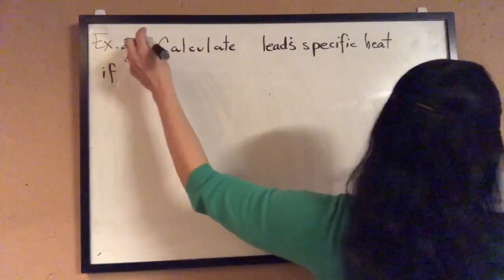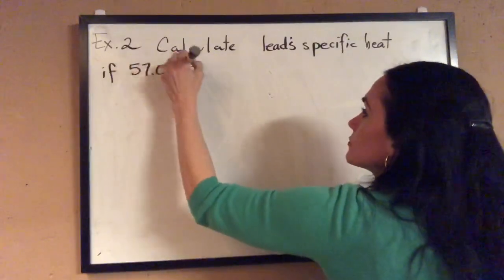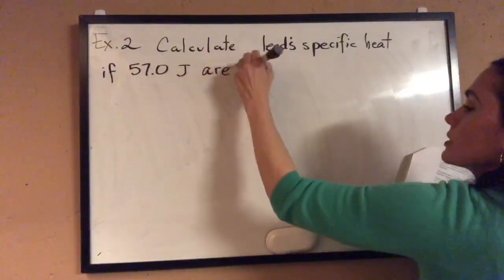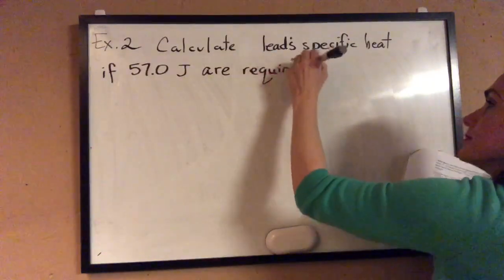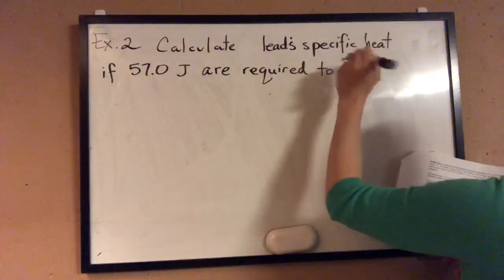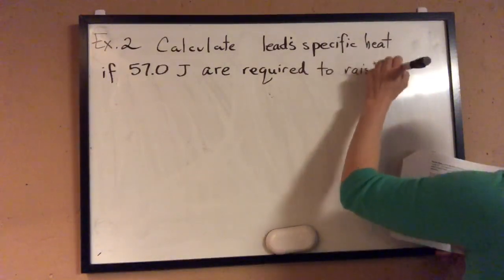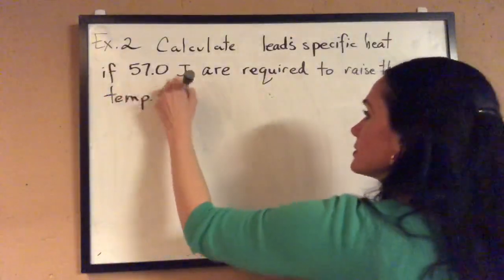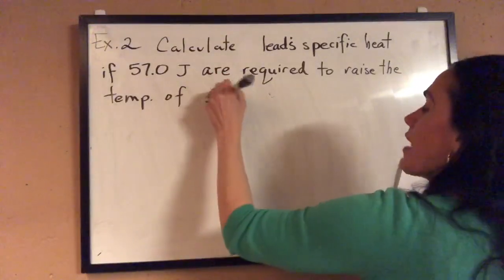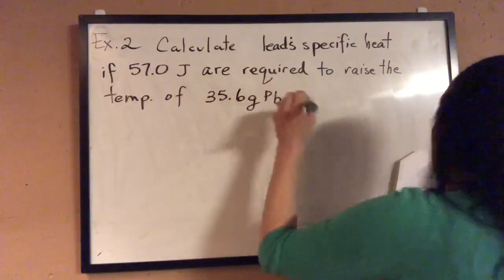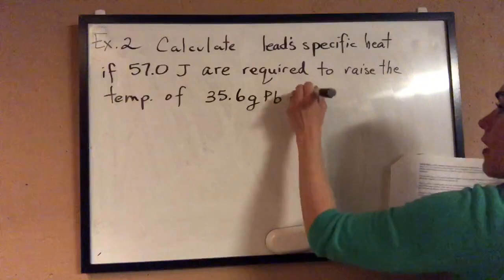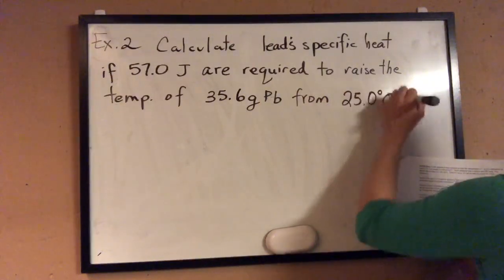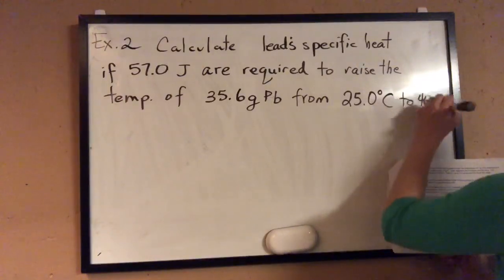If 57 joules are required to raise the temperature of 35.6 grams of lead, that's a lot of lead, from 25 degrees Celsius to 40 degrees Celsius.